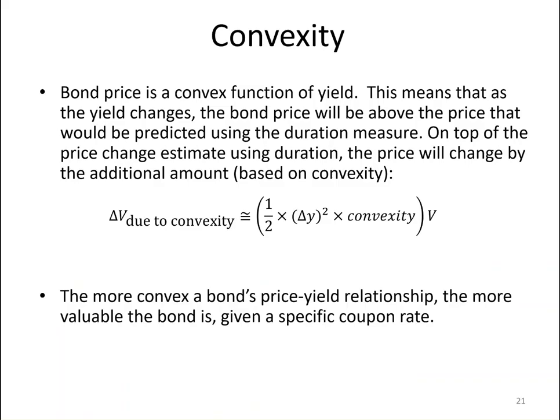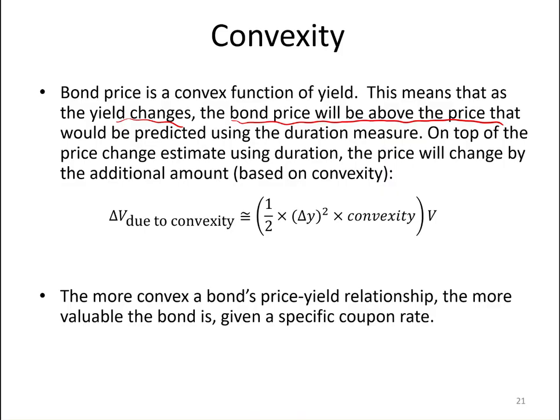So we're going to talk about the concept of convexity. The bond price is a convex function of yield. This means that as the yield changes, the bond price will be above the price that you'd estimate using duration. And what you can do is adjust the duration price estimate by an amount that's commensurate with the convexity of the bond.